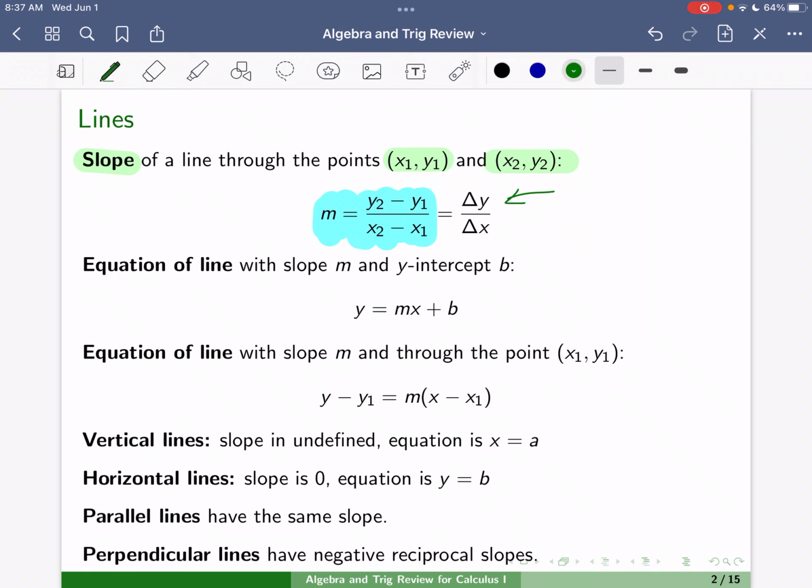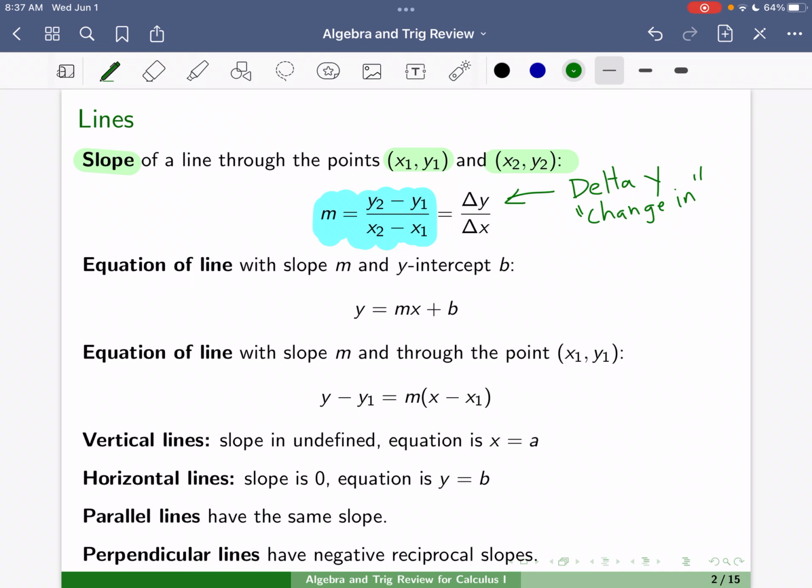So we have delta y, which throughout calculus, when we talk about delta, delta is going to mean the change in. So this is the change in y over the change in x. And so that's the slope. It's just the change in y over the change in x.